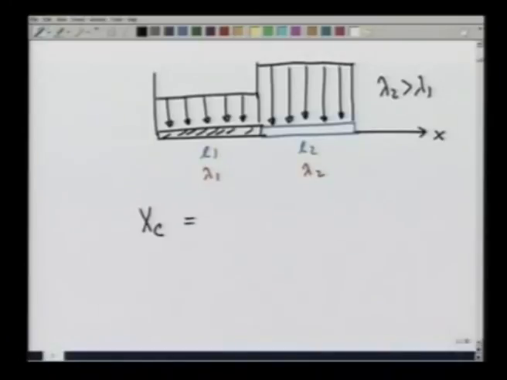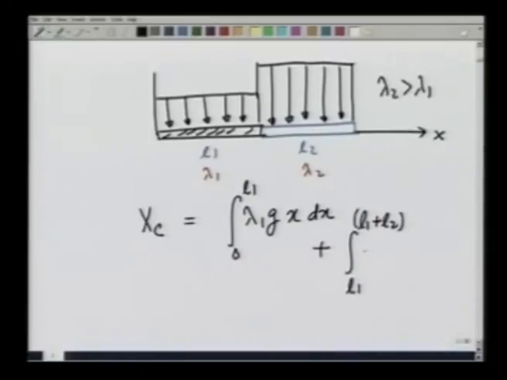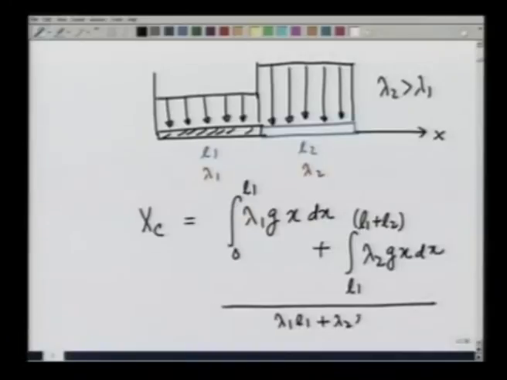So, this is going to be lambda 1 g, the load per unit length in the first part, times x dx integration 0 to L1, plus integration L1 to L1 plus L2 of lambda 2 g x dx, divided by the total area, which is going to be lambda 1 L1 plus lambda 2 L2 times g.